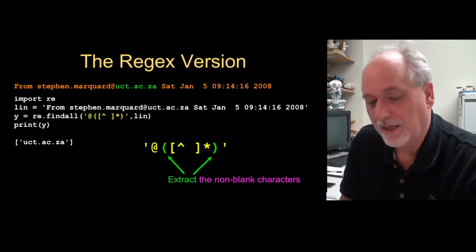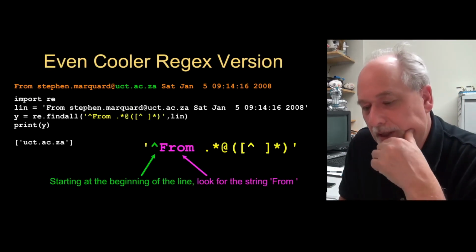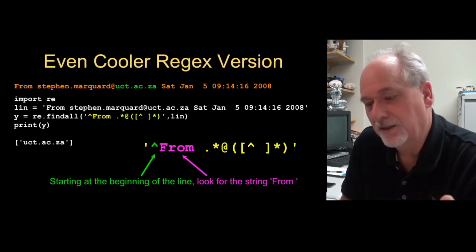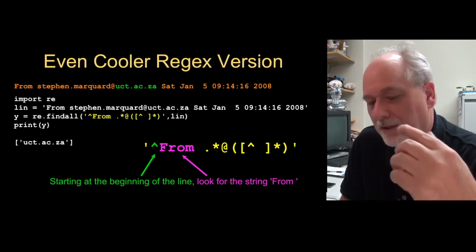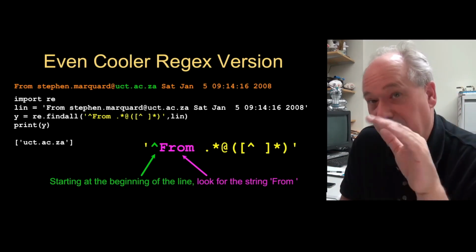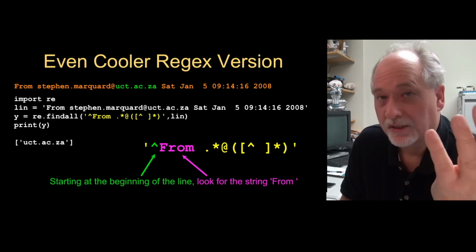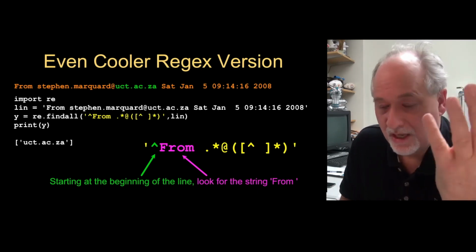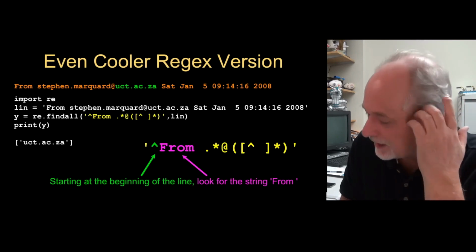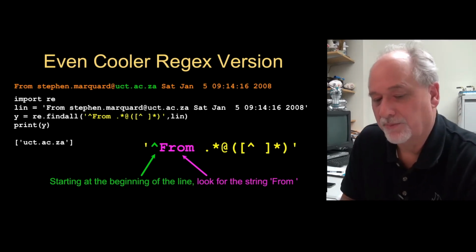Okay, so that's sort of the regular expression version of it, but we can make this a more fine-tuned thing. So we can say, look, we also want to pick the line, and we want to know if we don't get that line, we want to skip it. If we do get the line, we want to extract the data, and we can do this all in a single regular expression.